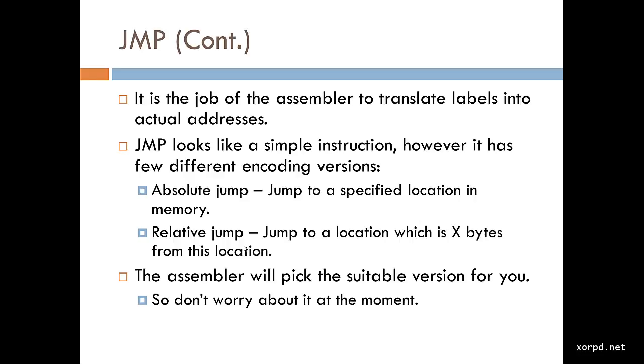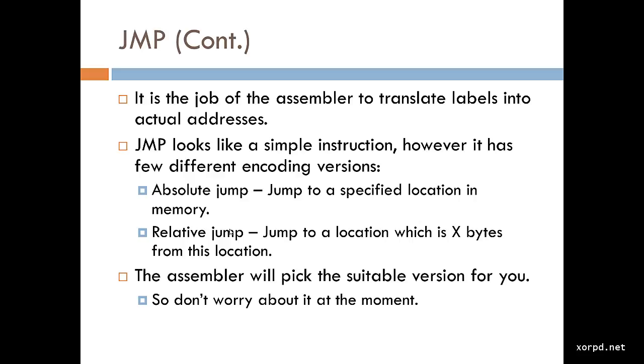So you can have the same relative jump instruction in two different places in your code, and in those two different places the jump instruction is going to change EIP to different numbers because it is a relative jump. Most of the time the assembler is going to pick the suitable version for you. So for now you don't have to worry about it.